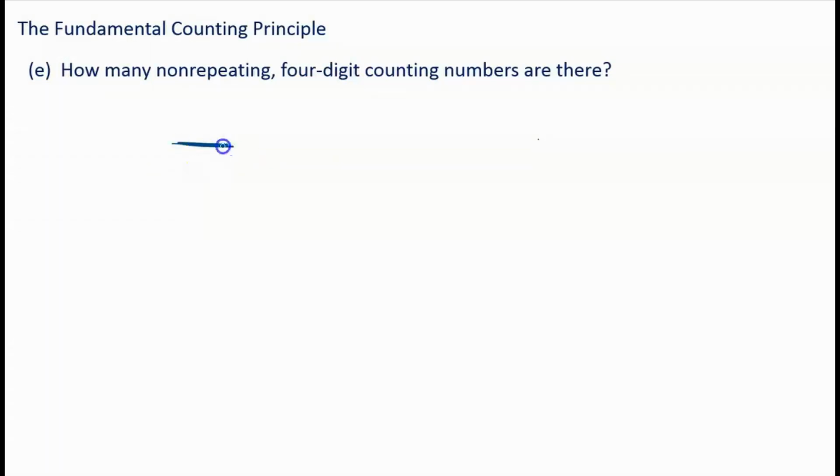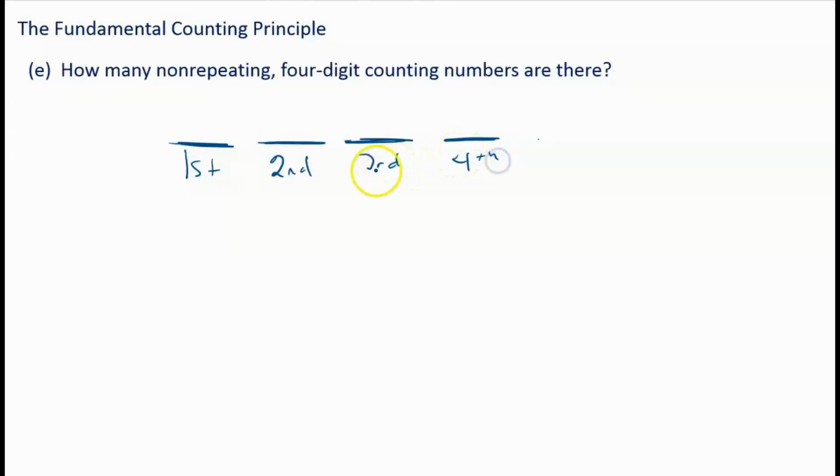So I've got my first task, my second task, my third task, and my 4th task. And if you want, the tasks do not have to be in a particular order. If you wanted to pick the 3rd number first and the 4th number second and the 1st number third, you could. Now, in this particular situation, it really doesn't matter at all, but I'm going to say it's the 1st number and then the 2nd number and then the 3rd number and the 4th number.